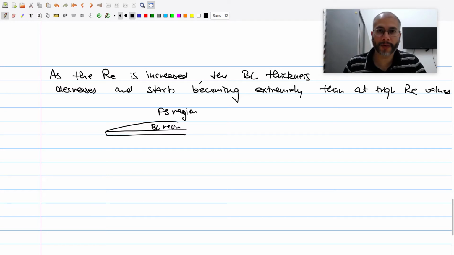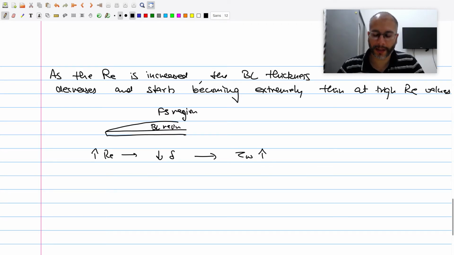If you neglect the boundary layer region, then the shear stress cannot be figured out. In fact, at high Reynolds number the boundary layer thickness delta is smaller, and that means that your tau wall is higher.